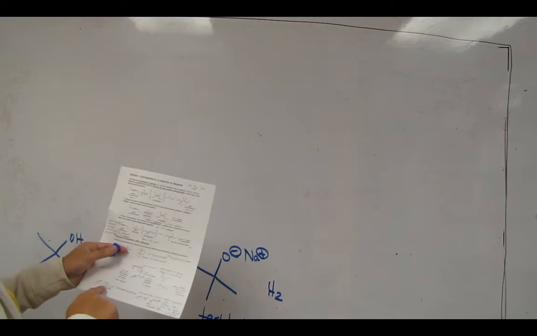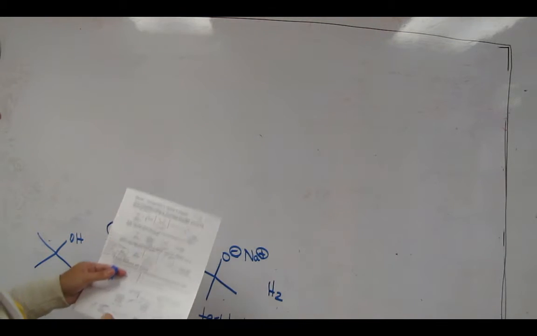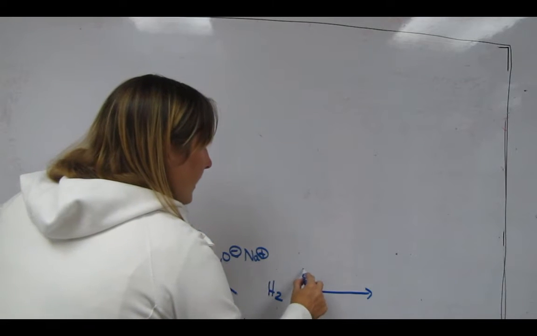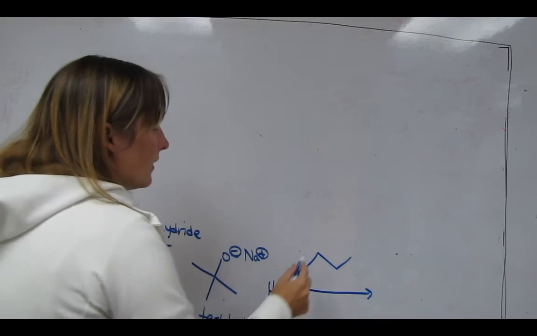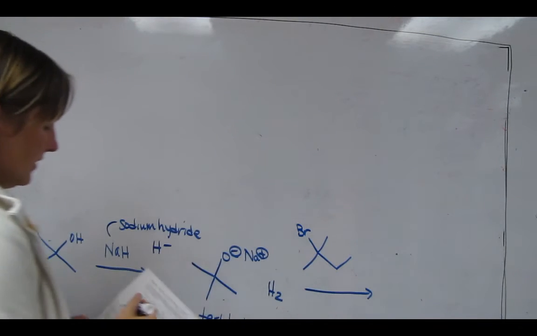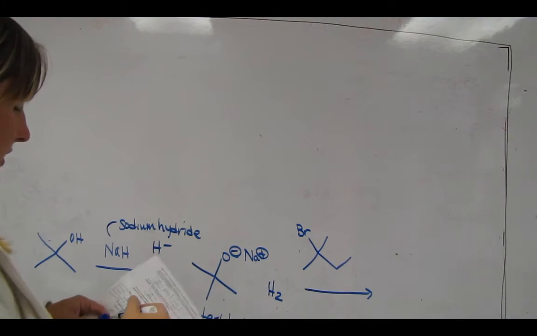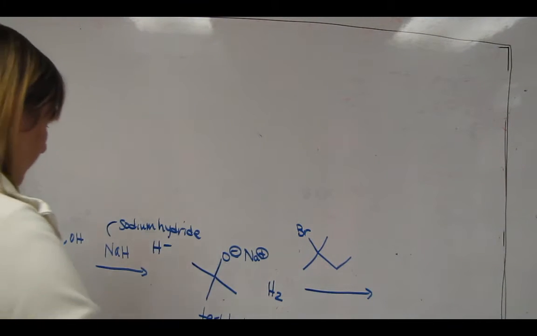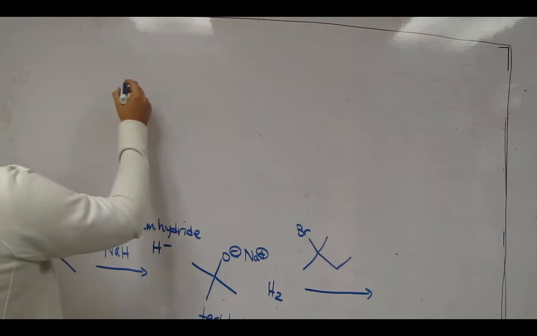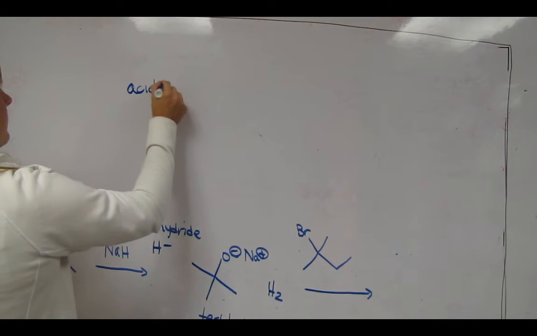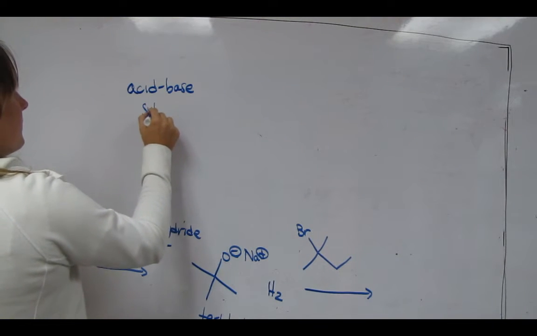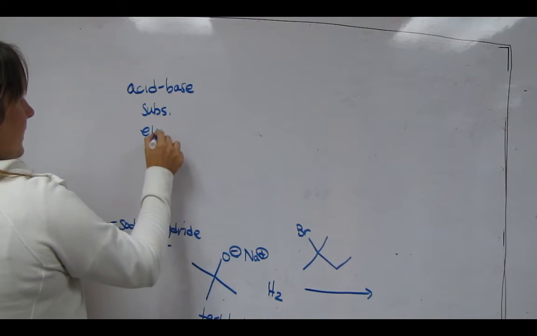In the second step, it tells us a name, 2-bromo-2-methylbutane. And so we should draw that. So butane, 2-bromo, 2-methyl butane. And it's asking to predict the product. So the types of reactions we've learned are acid-base, substitution, and elimination.